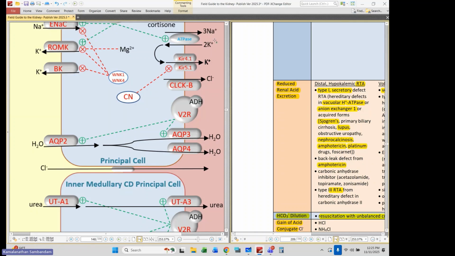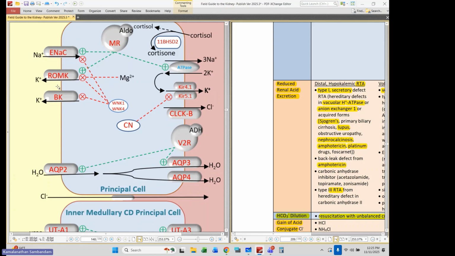Okay? All right. In fact, one of the ways we test the efficacy of the distal nephron in dumping protons is to give loop diuretics plus mineralocorticoids. Okay, so you can essentially look for maximal urine acidification, a urine pH that goes down as expected.